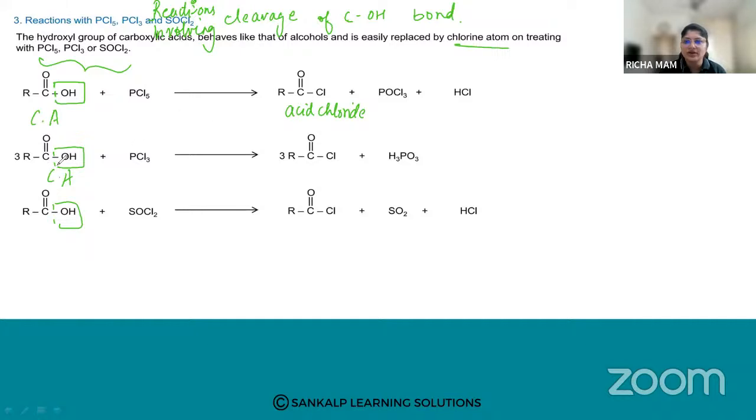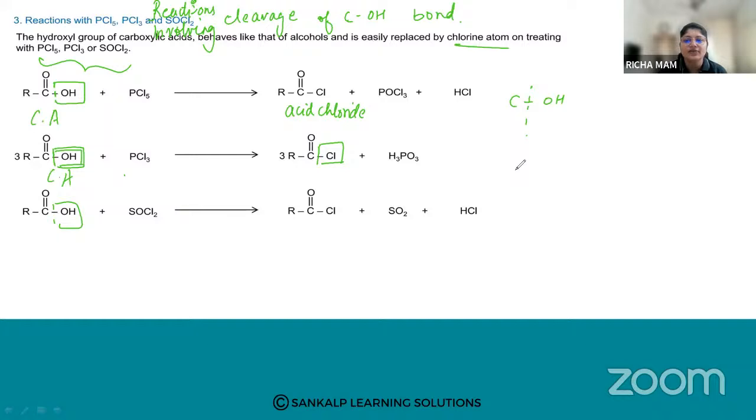When three molecules of carboxylic acid react with phosphorus trichloride, you get three molecules of acid chloride. All the OH groups of the carboxylic acid are replaced by Cl. The breaking of bond takes place at COH, and you get H3PO3.